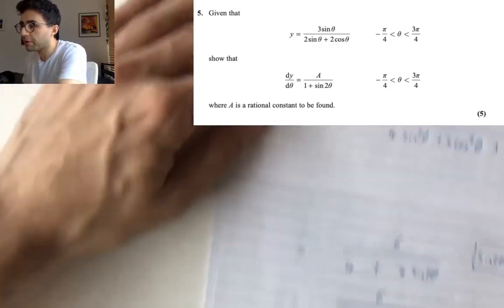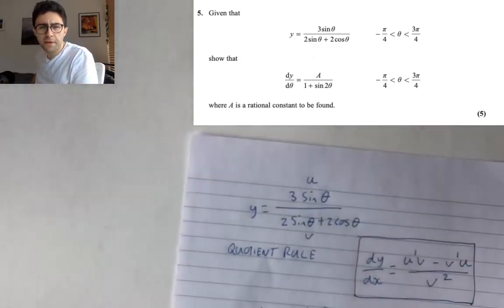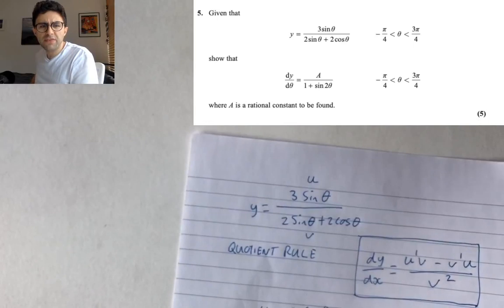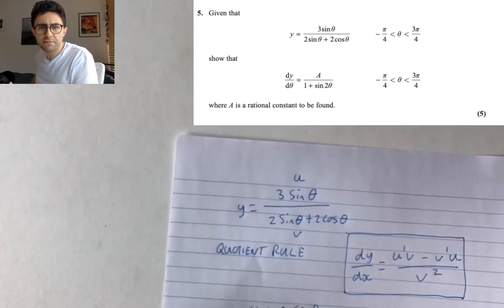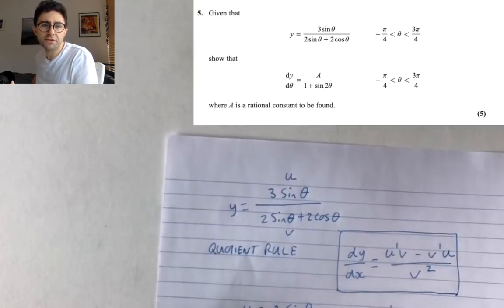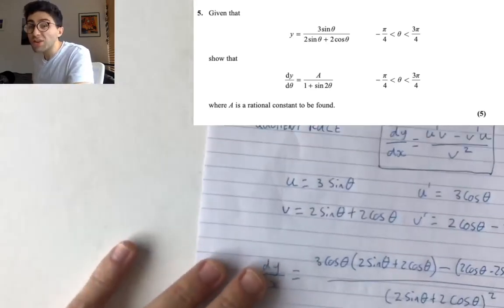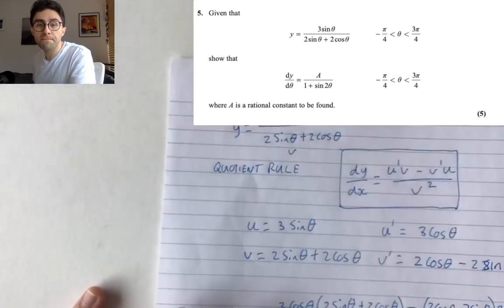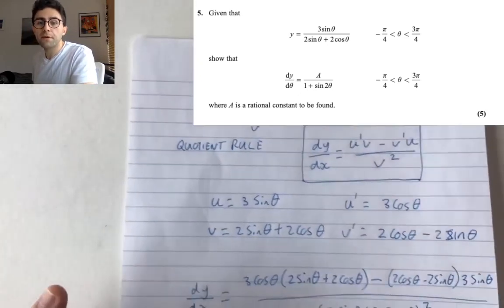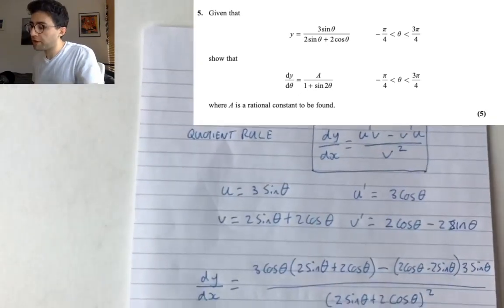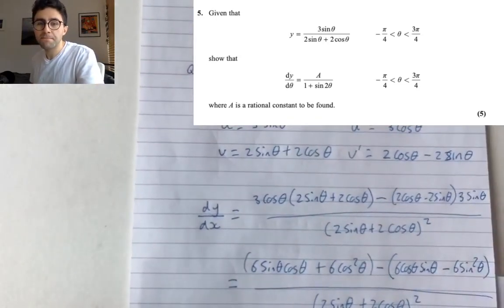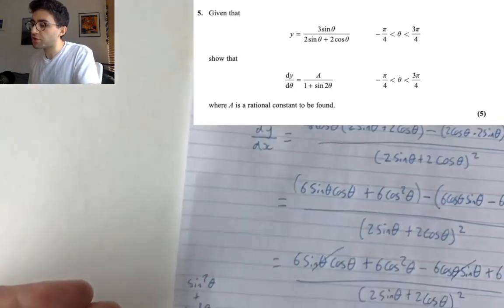Mild recap of that one. That's what they threw at us, all right? They said, here's something, it's a fraction. There's trigonometry top and bottom, do what you can. We saw it, we noticed it was the quotient rule, hopefully. We differentiated our stuff, top one U, bottom one V, plugged them in, get some stuff, and then the rest was just simplifying.